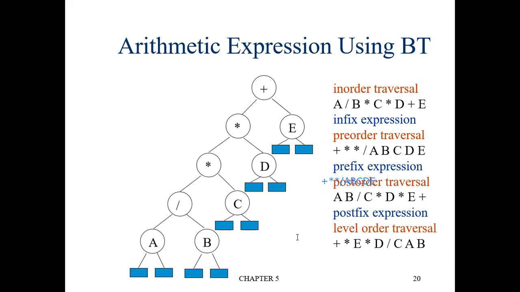Similarly, for post-order traversal, we will visit the left subtree, then the right subtree, and lastly the root. First we visit the left subtree. We travel from here, along the corresponding left subtree, and reach the last node here.